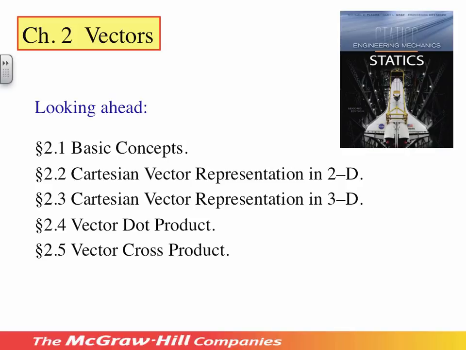As it turns out, there are infinitely many ways we might define what it means to multiply 2 vectors together, but fortunately there are just 2 operations that end up being useful and physically meaningful. These are the dot product, discussed in section 2.4, and the cross product, discussed in section 2.5.